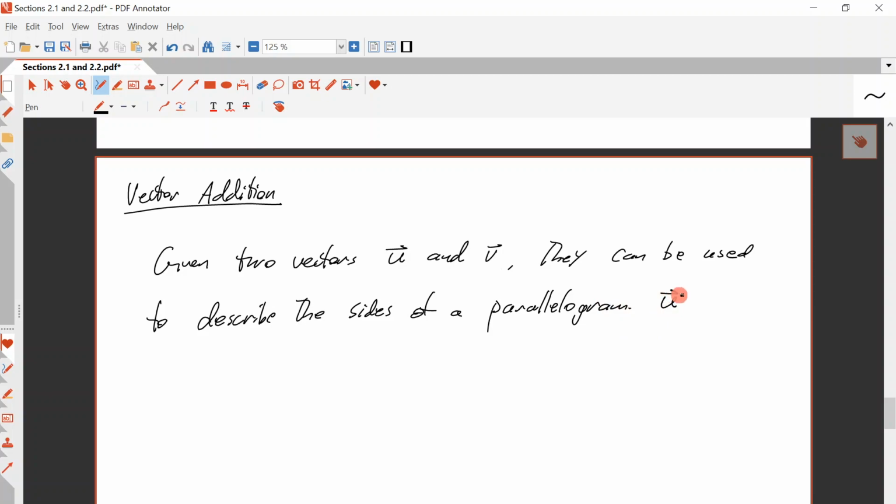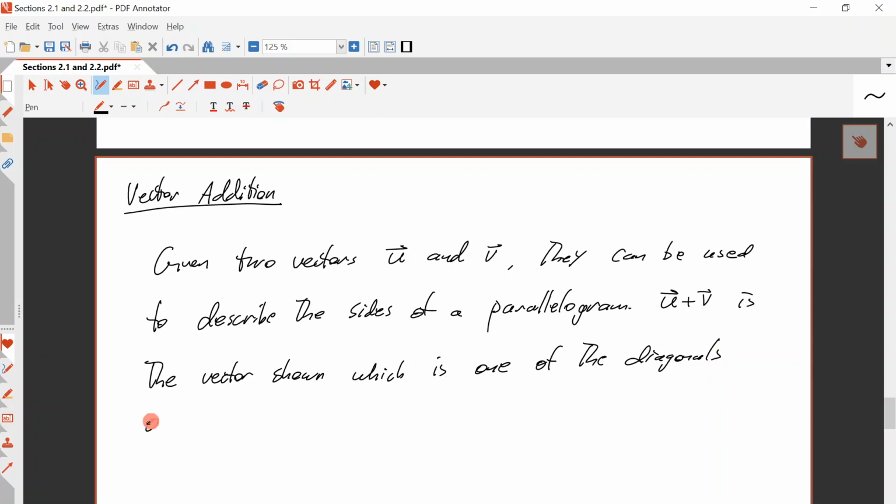The sum u plus v is the vector shown, which is one of the diagonals of the parallelogram.